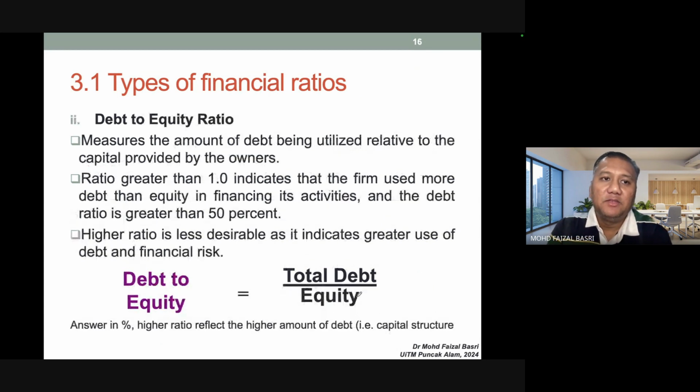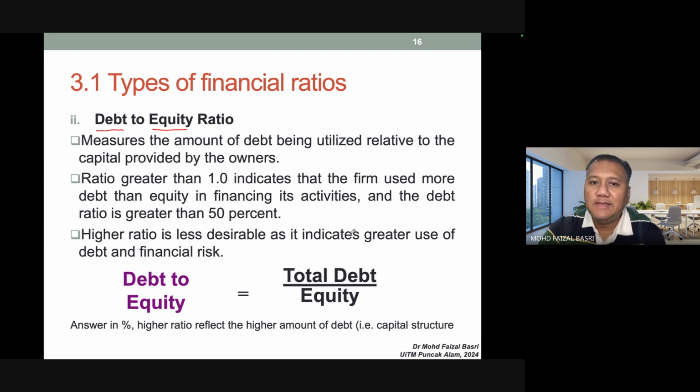That's number one. Number two, debt to equity. Again, from the name, dia ada debt, total liabilities, and dia ada equity, so kita bahagi dengan total equity. Sama juga, the higher the ratio reflects higher amount of debt in the capital structure. Tapi kalau ratio tu rendah, it shows that it has less debt in the capital structure.